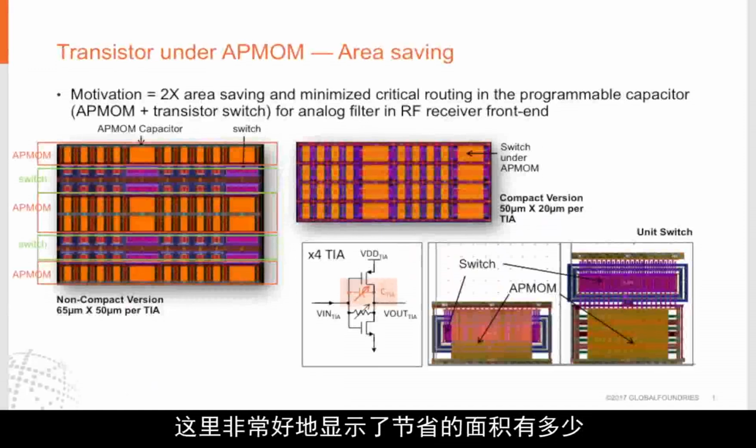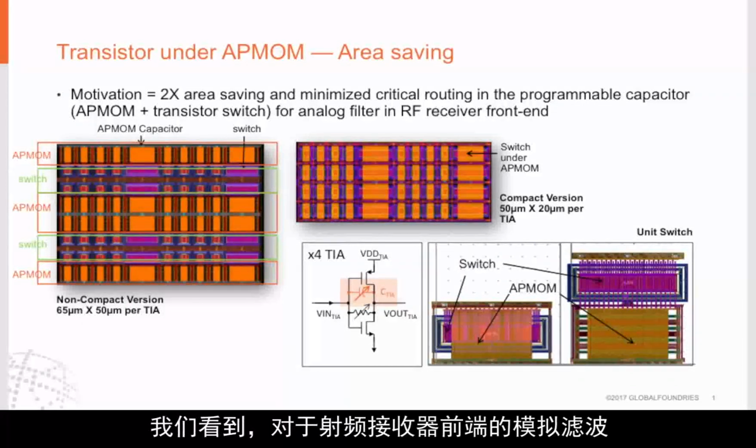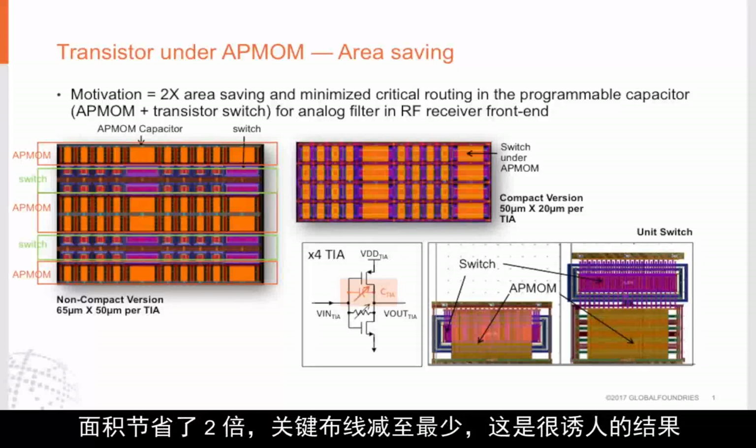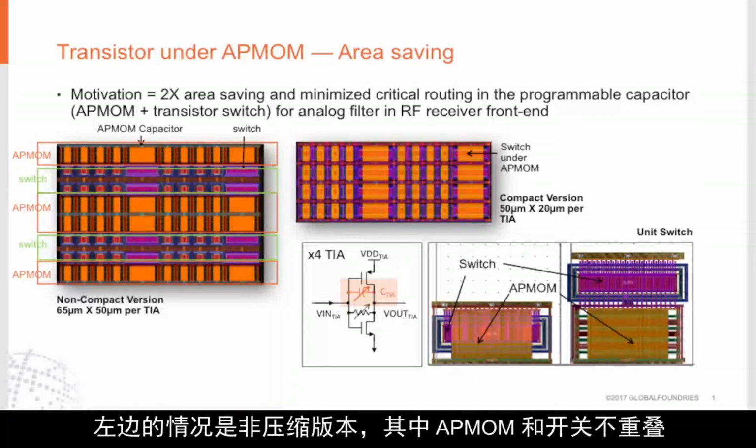And here's a great representation of how much area gets saved. The motivation is we see a 2x area savings and minimize critical routing in the programmable capacitor, which is the AP-MOM plus the transistor switch, for an analog filter and an RF receiver front end. The case on the left shows a non-compact version where the AP-MOM and the switch do not overlap.